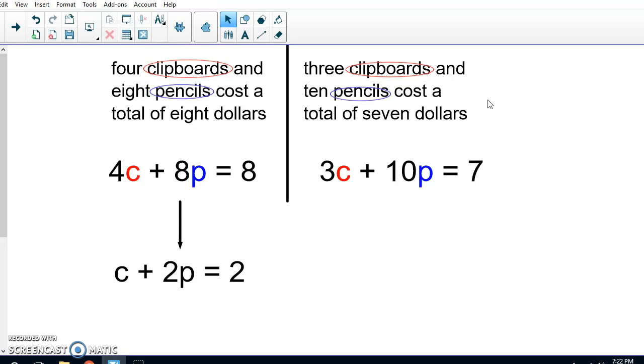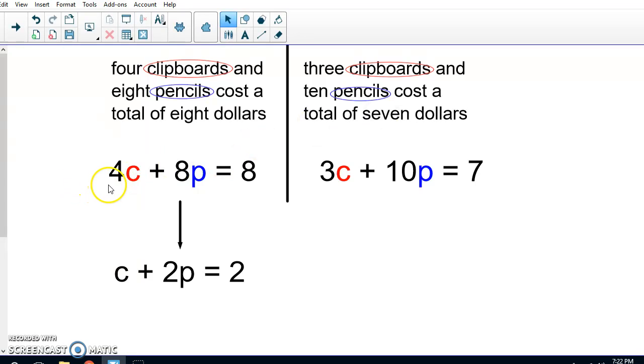And on the right side, we've got 3 clipboards, 3C, and 10 pencils, plus 10P, to cost a total of $7. That's equal to 7. All right, so we've got 2 equations created, but is there a way that we can make this easier on ourselves?